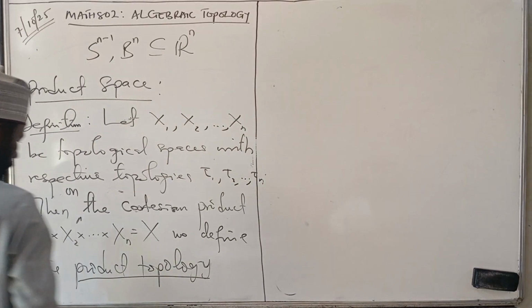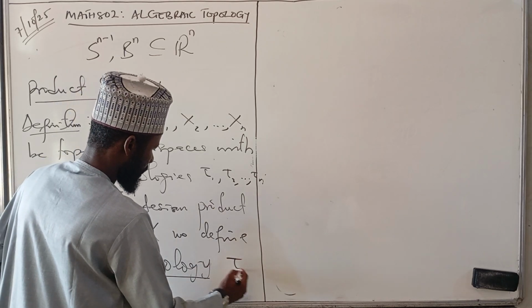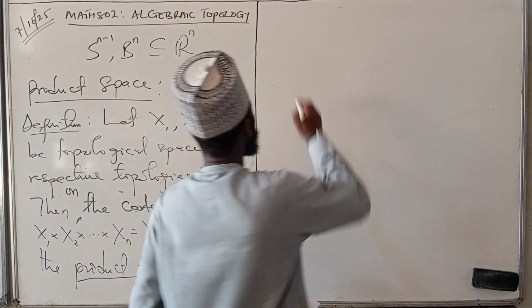So we define the product topology. This is my Cartesian product. So this is now the topology on X, X being the Cartesian product.